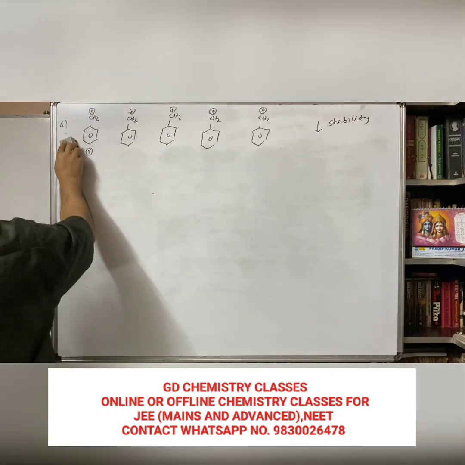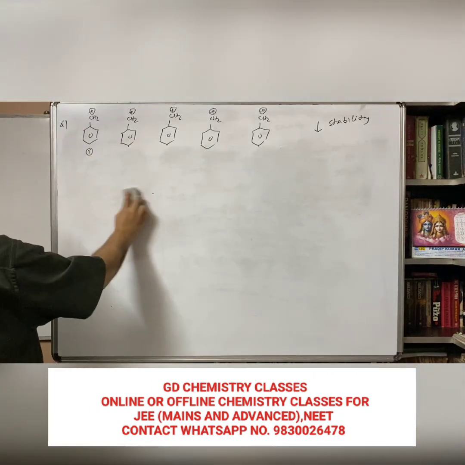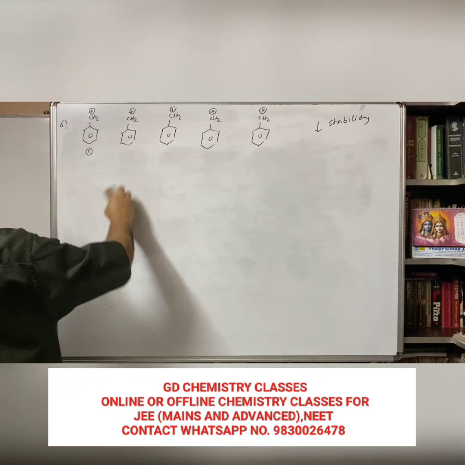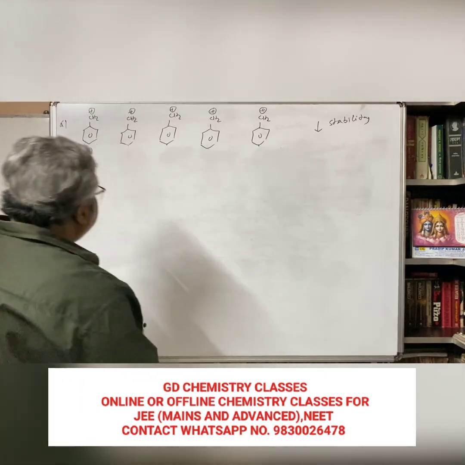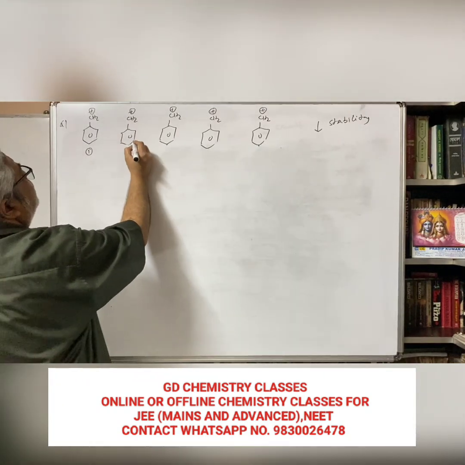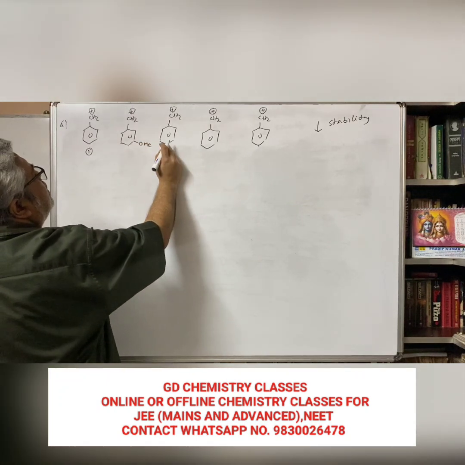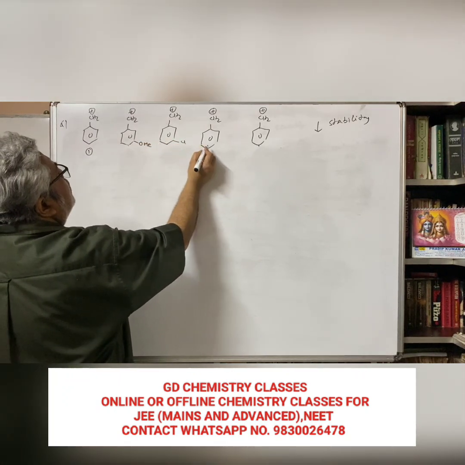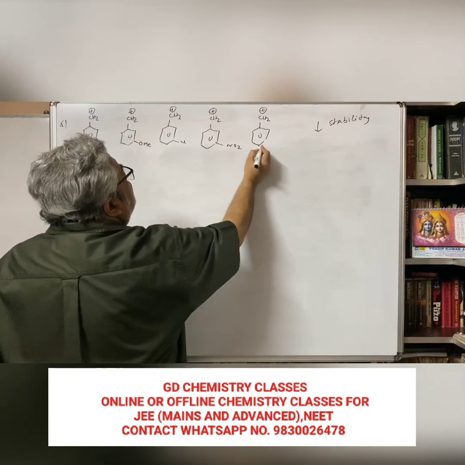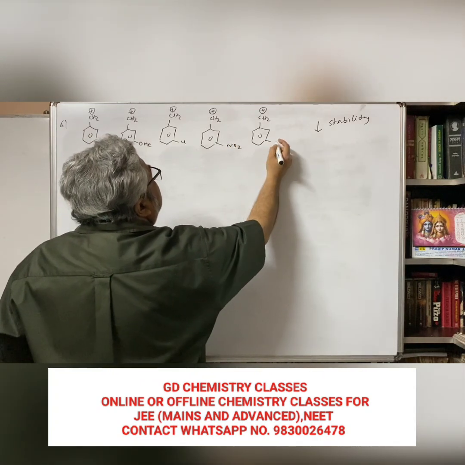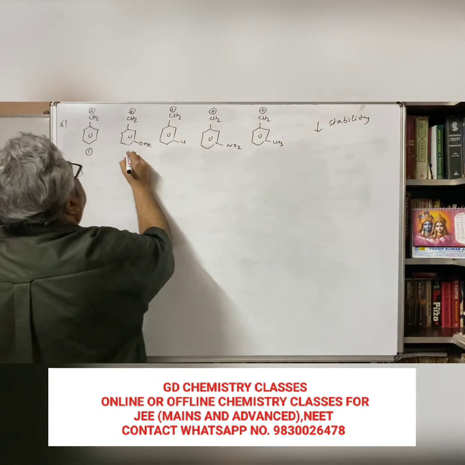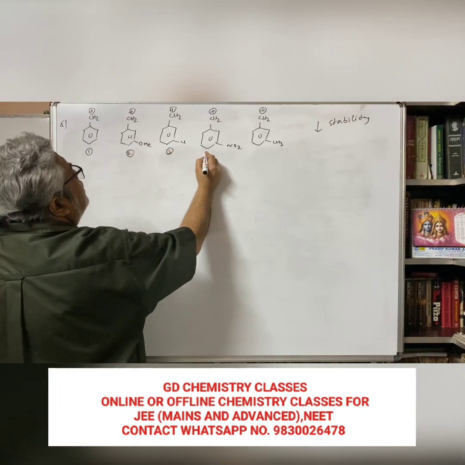Another question. This is also pretty simple. I'm just changing the position of those groups. In the earlier question it was OMe. It is chlorine, it is nitro, and it is methyl. 2, 3, 4, 5.